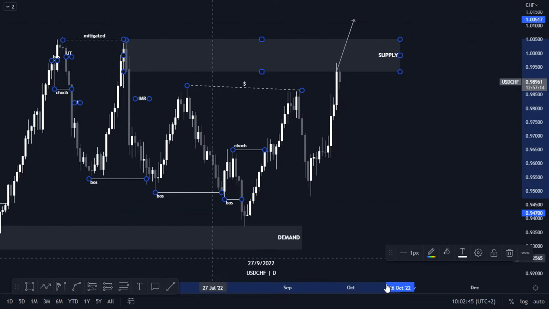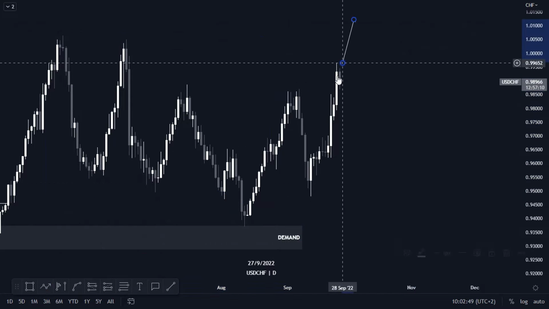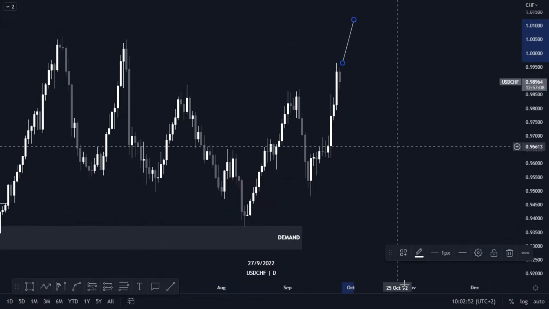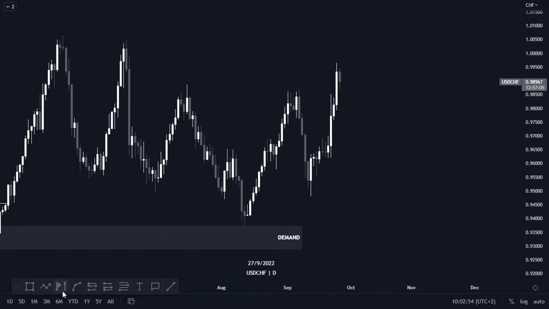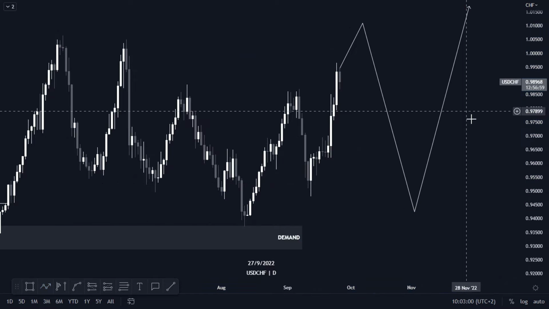Let me just delete this here. Now what I'm expecting USD CHF to do is to break this high here and push to the downside, and then carry on with the bullish trend.